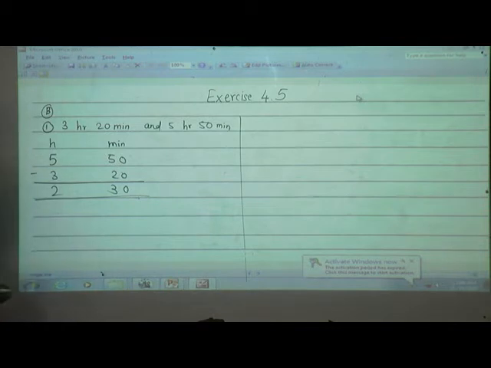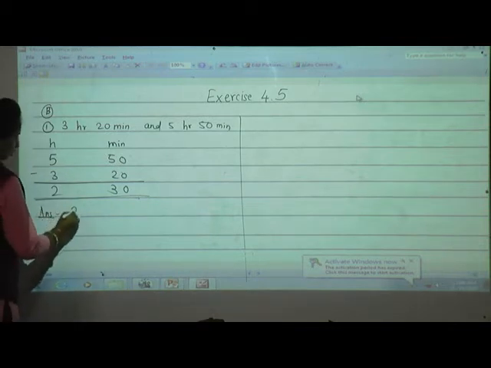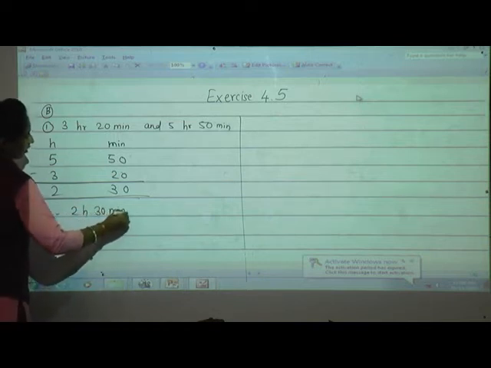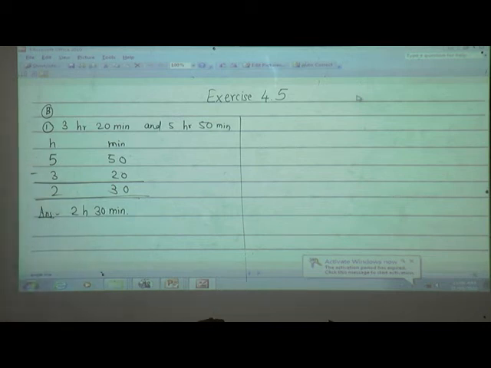So what is the answer here? 2 hours 30 minutes. Clear? Yes? Understood everyone? Very easy. Now we will solve the next example.